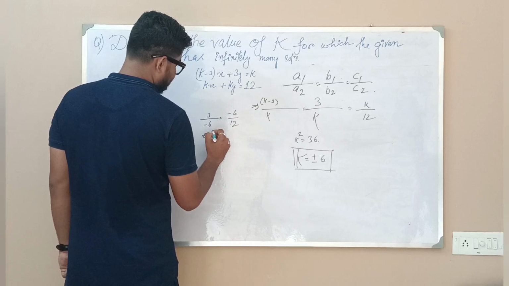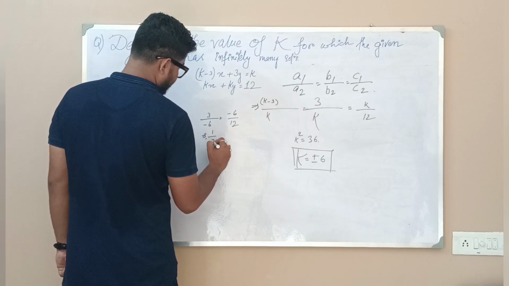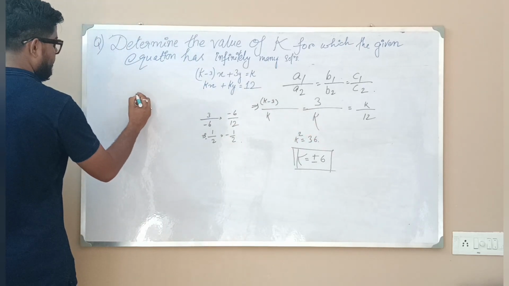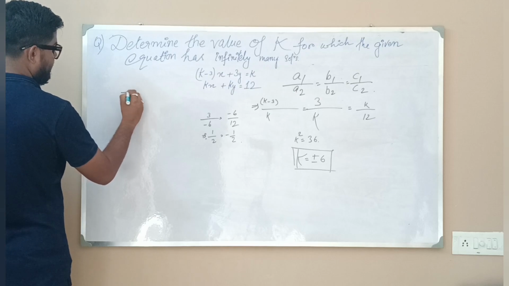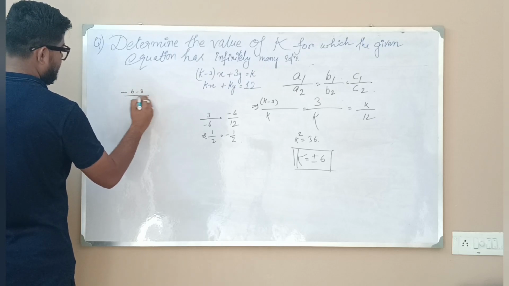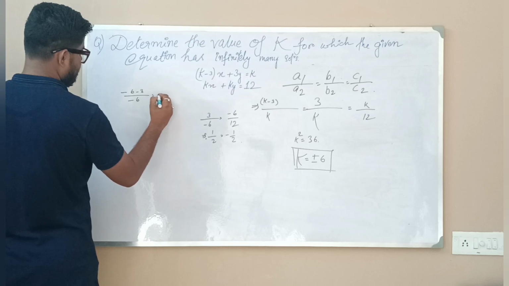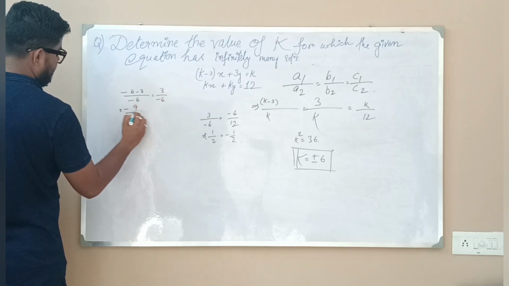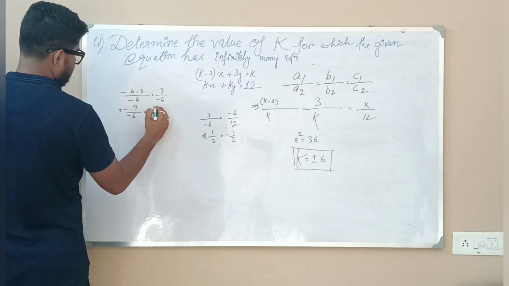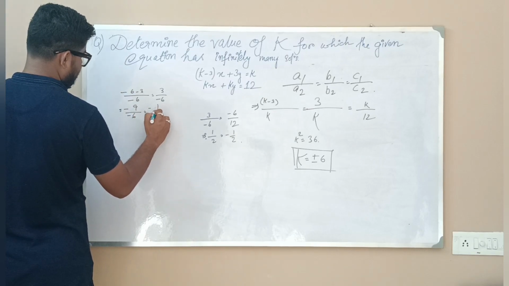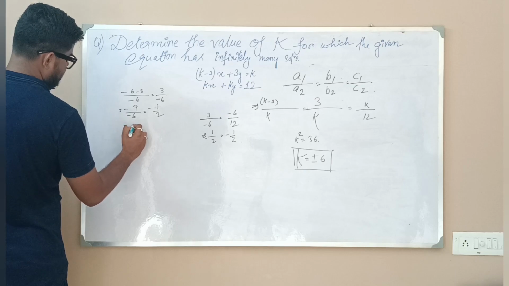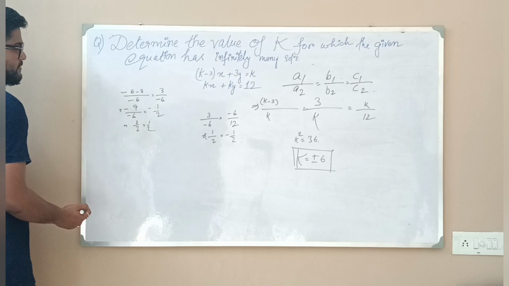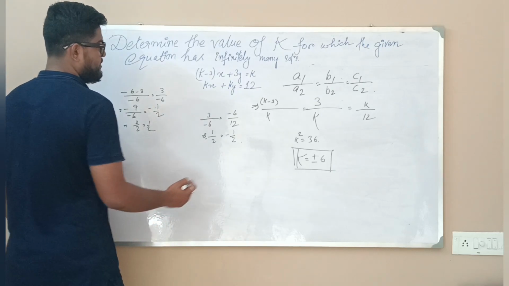So this is 1 by minus 2, minus 1 by 2, and these two: minus 6 minus 3 by minus 6 equals 3 by minus 6, that is minus 9 by minus 6 equals minus of half, and this is 3 by 2. So see, negative 6 will not satisfy these two equations.